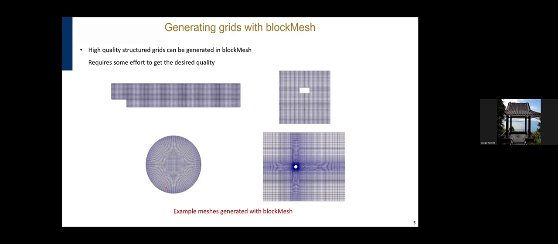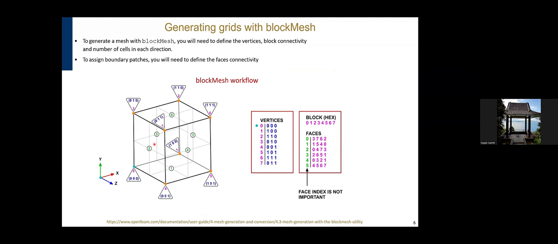So we'll work on this, but mostly you would have to come up with the conditions, the various parameters that we need to be able to define in our blockMesh. So I'll be typing, and you'll be giving the various geometric parameters.